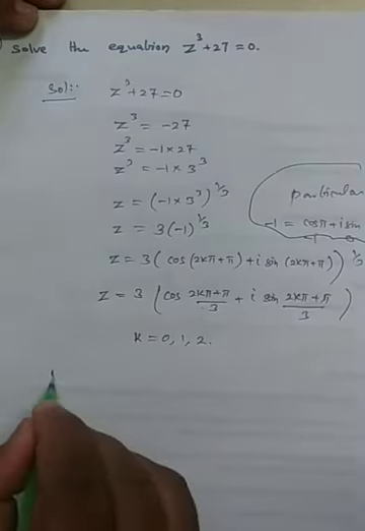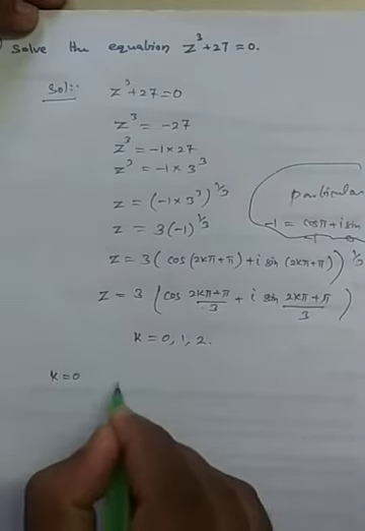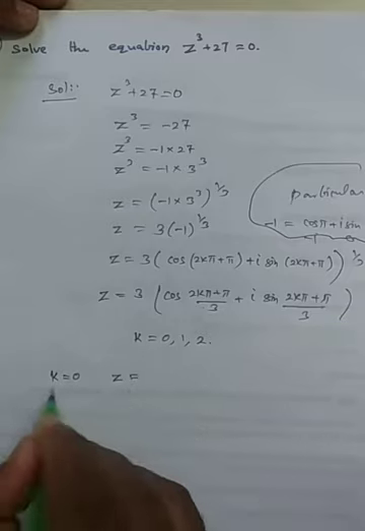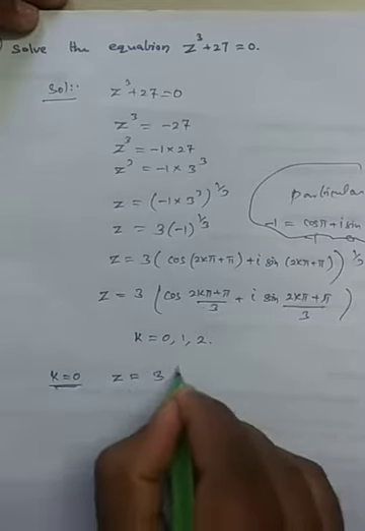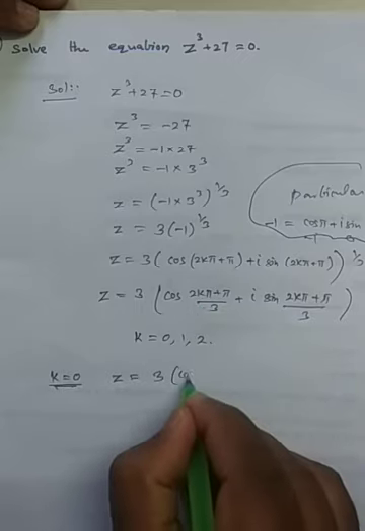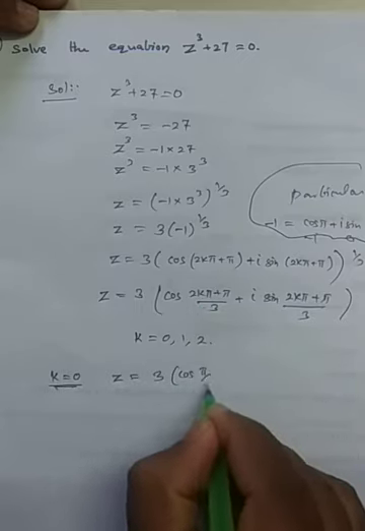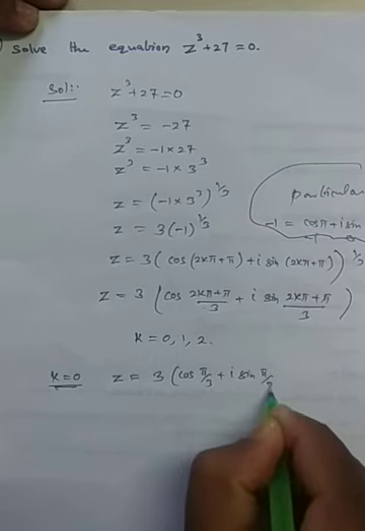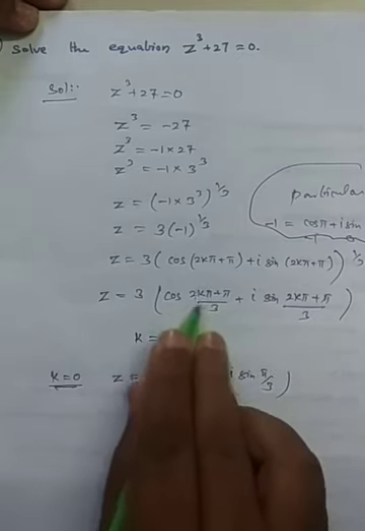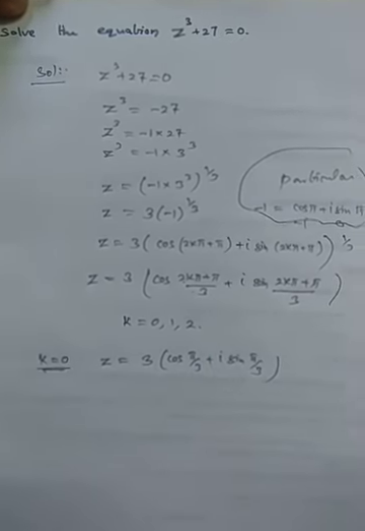Now k equal to 0, then what will the z value become? K is 0, so 2k pi is 0, and z is cos pi by 3 plus i sin pi by 3, because 0 into anything is 0.